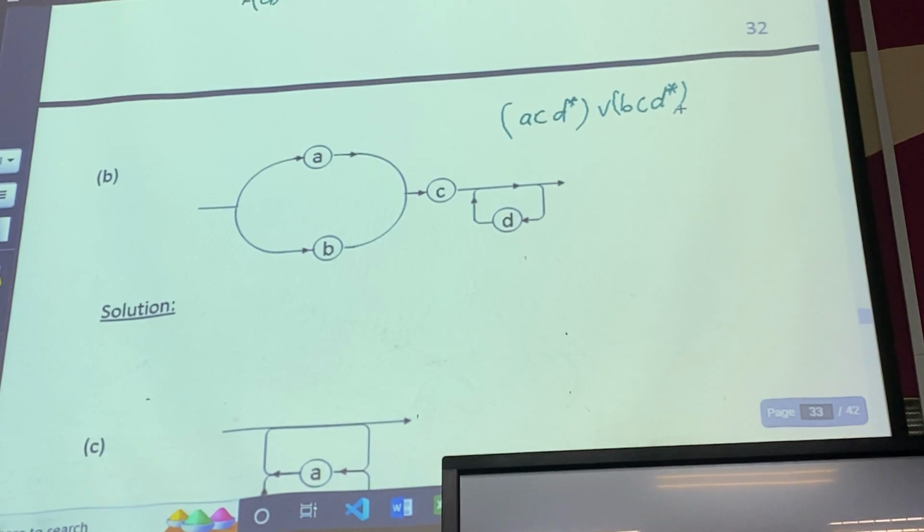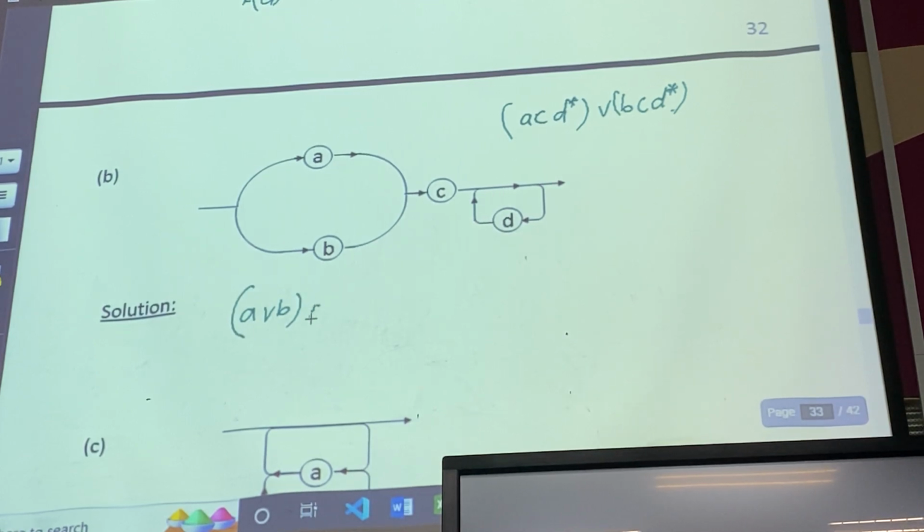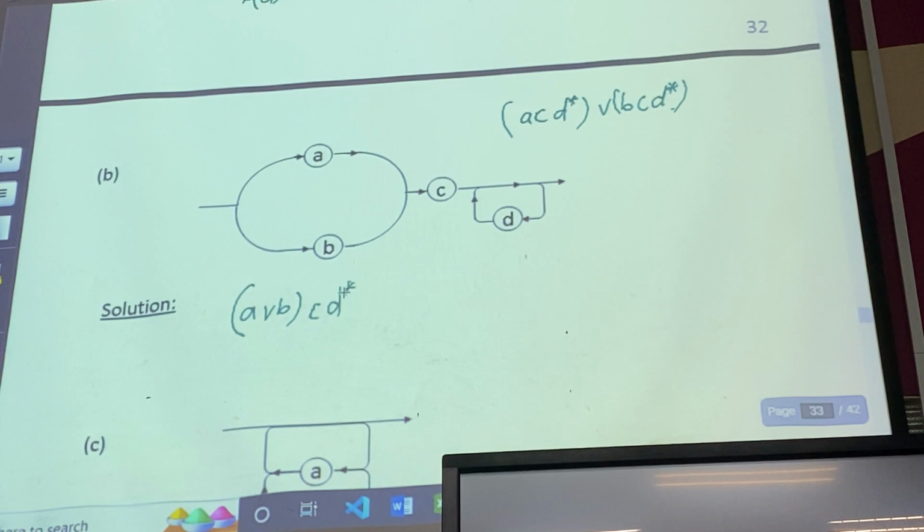Extract C, D. What are the same here? C, D, C, D, C, D are the same, right? So put the A or B together. So you have A or B in a bracket, and in this case no need to write the AND. When you write C, D straight, combined together, it means C and D already.